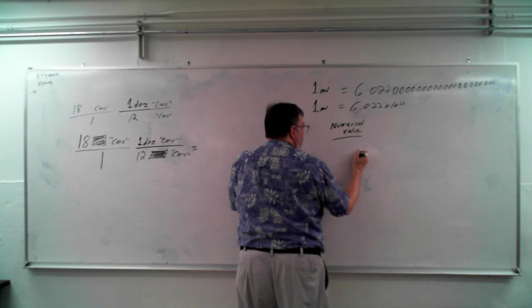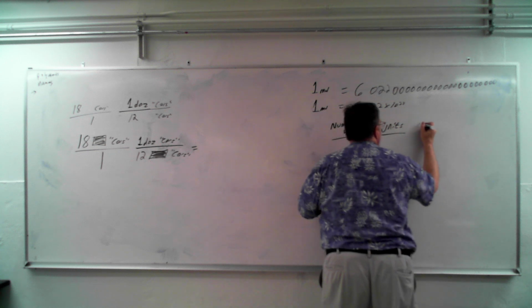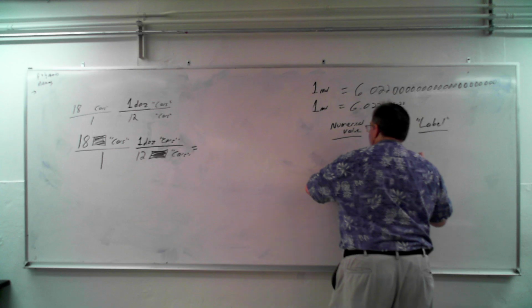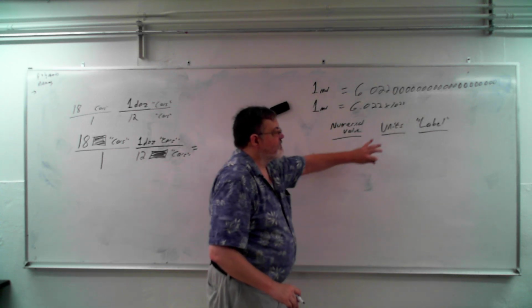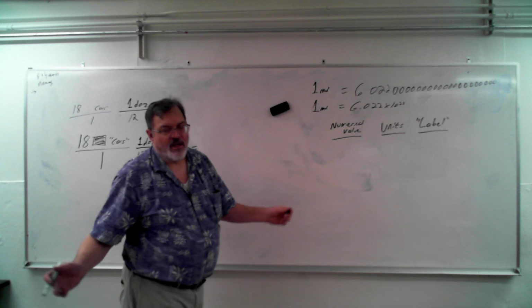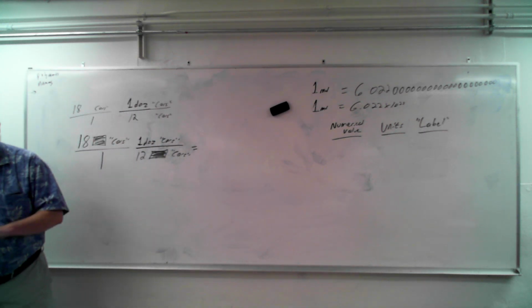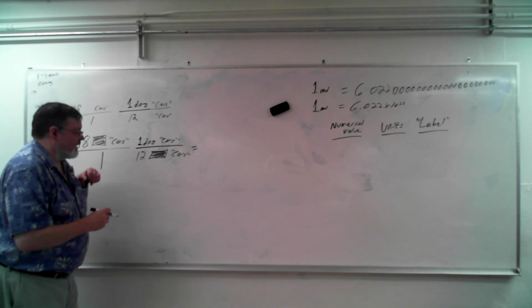You always have a numerical value. And the label tells you what that numerical value is referring to. And the only time there's not units is in those natural counting numbers, the 18 that you went out and counted. That you went out and counted cars.